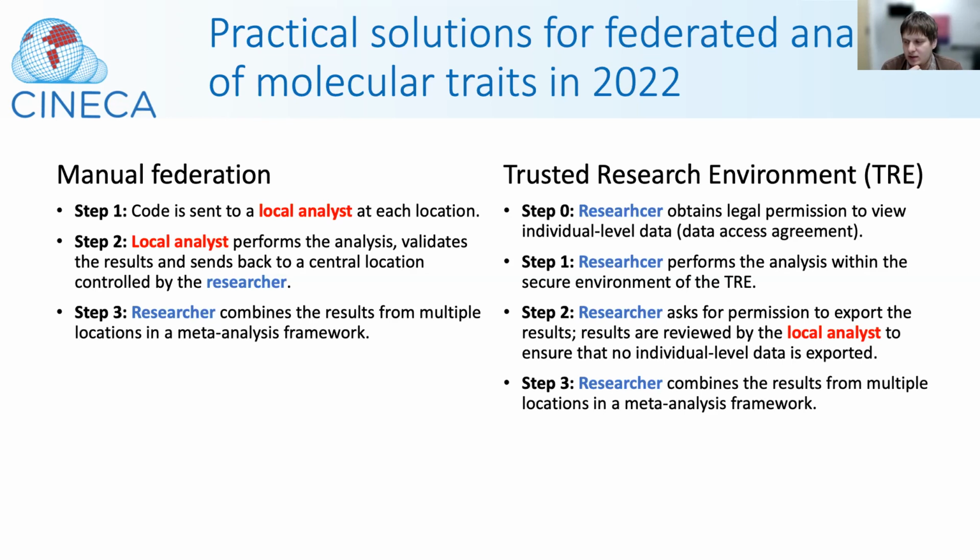And once the analysis is complete, the researcher asks for permission to export the results. Typically, the results are then reviewed by somebody who controls the TRE to make sure that only the data that's allowed to leave the TRE leaves the TRE and nothing more. And then the researcher continues with the same meta-analysis framework as in the case of manual federation.